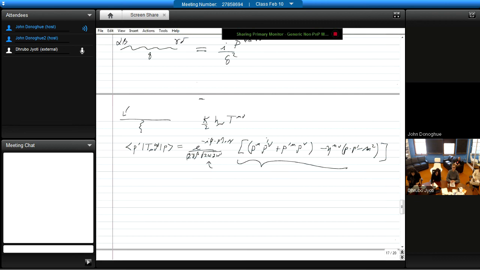The Feynman rule then for this guy follows from this matrix element. It's i kappa over 2 times (p mu p prime nu plus p prime mu p nu).